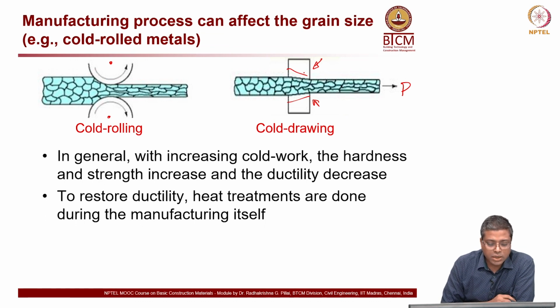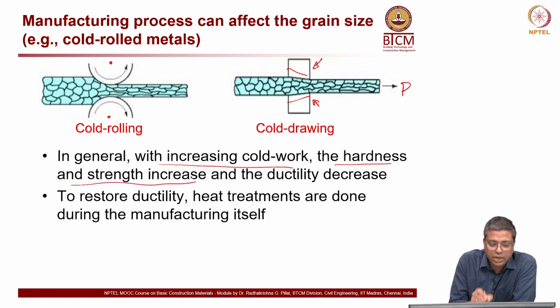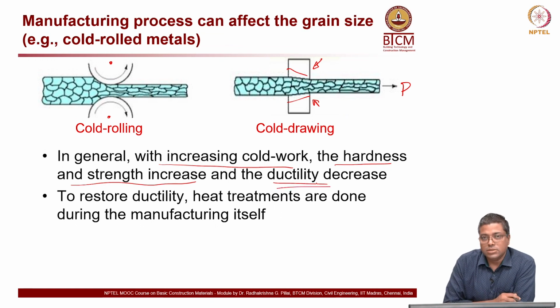Mainly to increase the yield strength. That is typically what we do this for. So this process changes the microstructure, and in general what happens is with increasing cold work, the hardness and strength increase, and the ductility decreases.